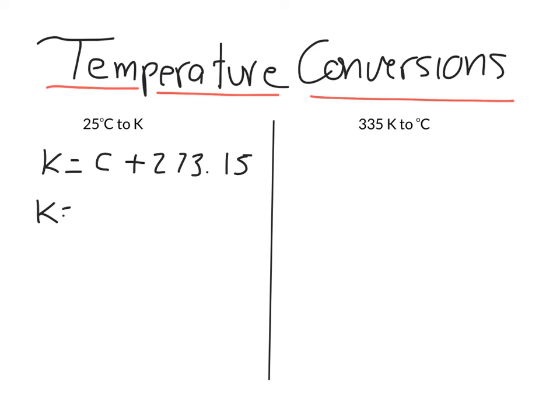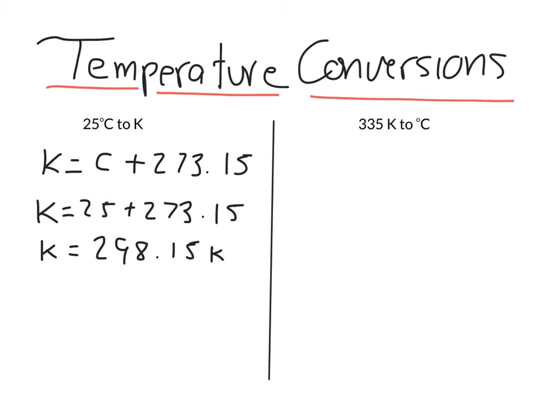You only have to add 25 degrees Celsius plus 273.15, and you'll get 298.15 Kelvin. Okay, that's like room temperature, 298.15 Kelvin.